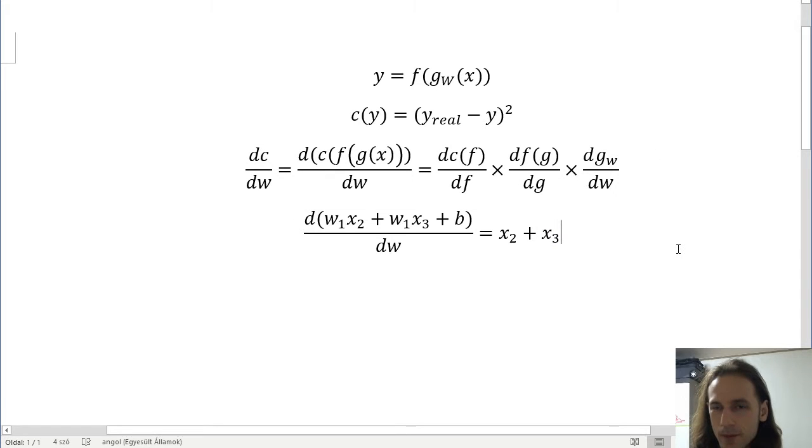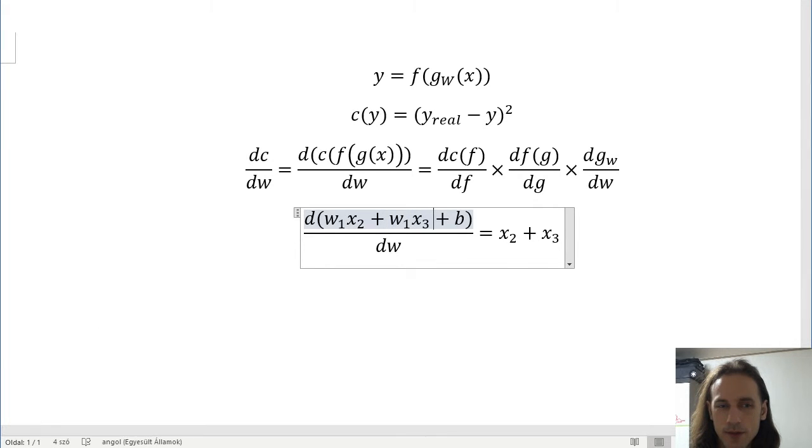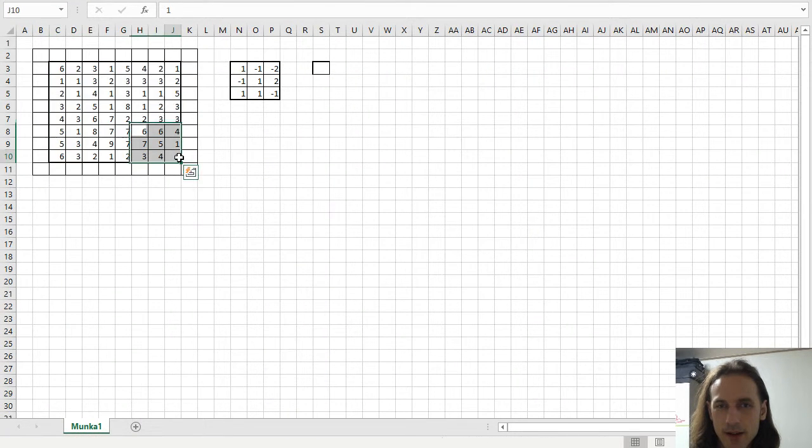So that's my whole rambling about backpropagation. This is why we have to know exactly which weights are multiplied by which parts of this x, and this is what our backpropagation in the convolution will depend on.